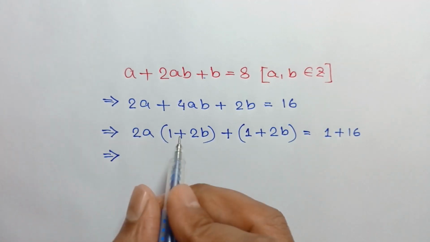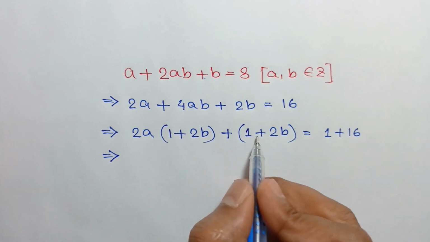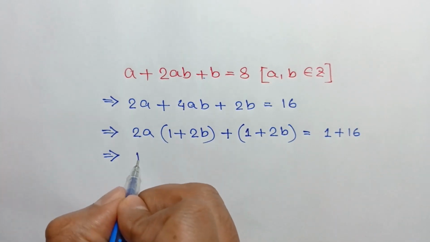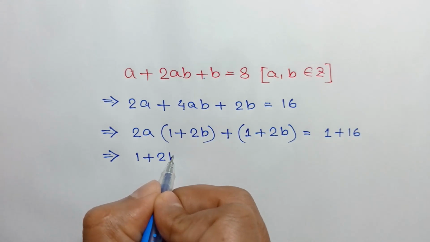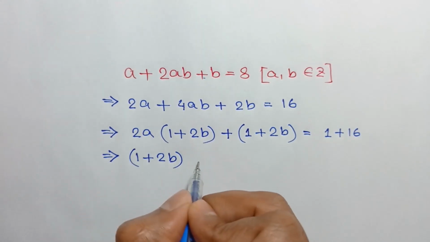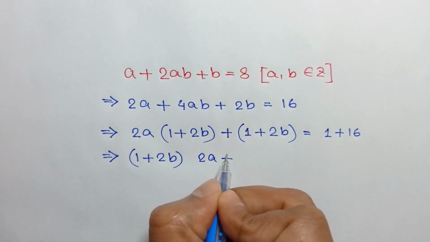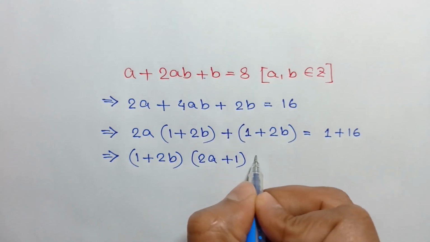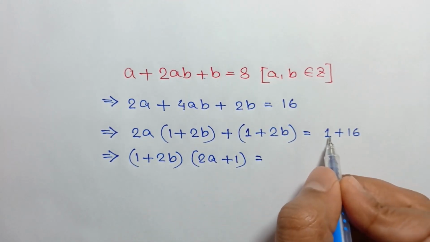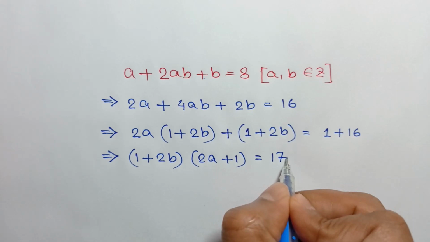Taking common 1 plus 2b, we can write (1 plus 2b) times (2a plus 1) is equal to 1 plus 16, which is 17.